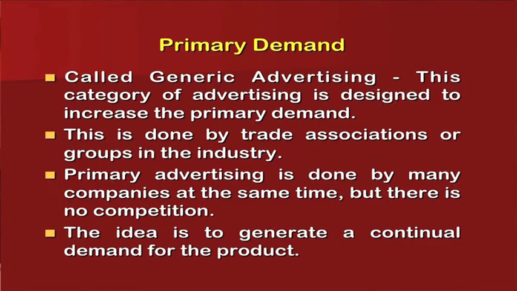Now, sometimes there are trade associations and cooperatives who are trying to move the product, because the brands will come after a certain time. You have generic medicines available in the market. Now, the generic is the basic salts which are available in the market.